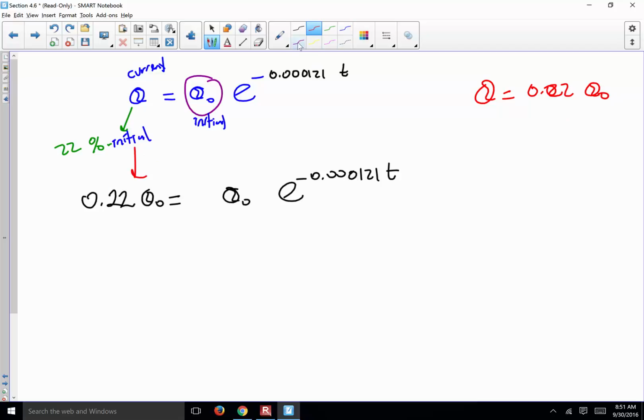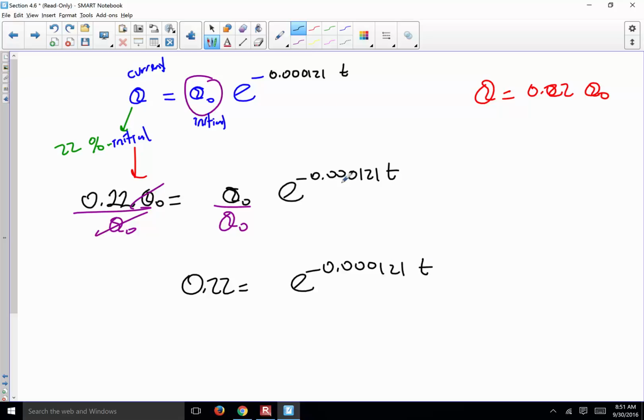Guess what's going to happen now? You divide both sides by Q0 and they cancel. You have 0.22 equals e to the minus 0.0000121 t. All you need to do is take the logarithm of both sides and divide by the rate. Okay?